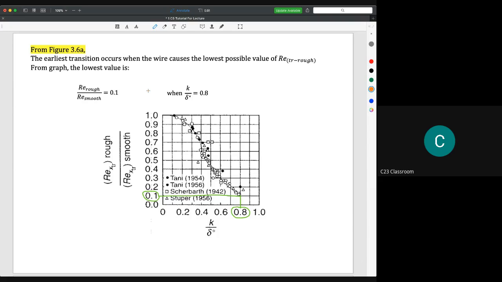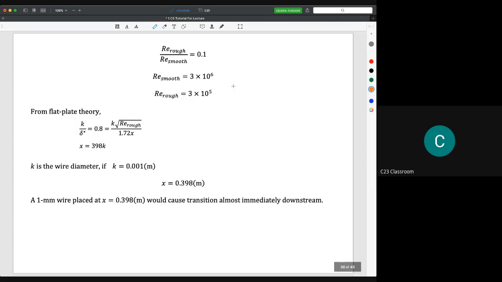According to this graph, the lowest value is 0.1, and it occurs at a ratio k over delta star equal to 0.8. So we know that the ratio is 0.1, and the Reynolds number smooth is 3 times 10 to the power of 6. Then we could calculate the rough Reynolds number, which is 3 times 10 to the power of 5.